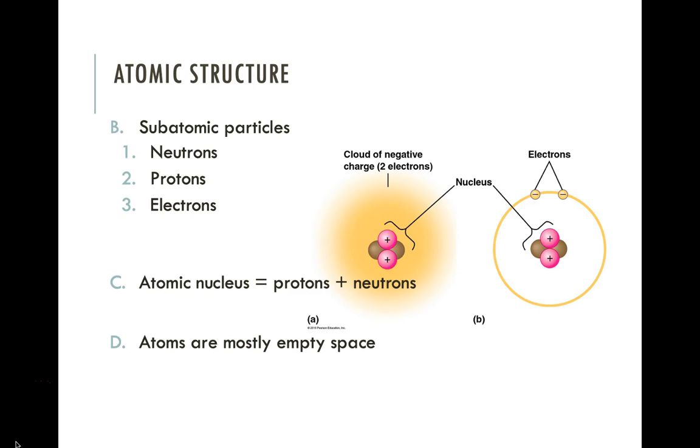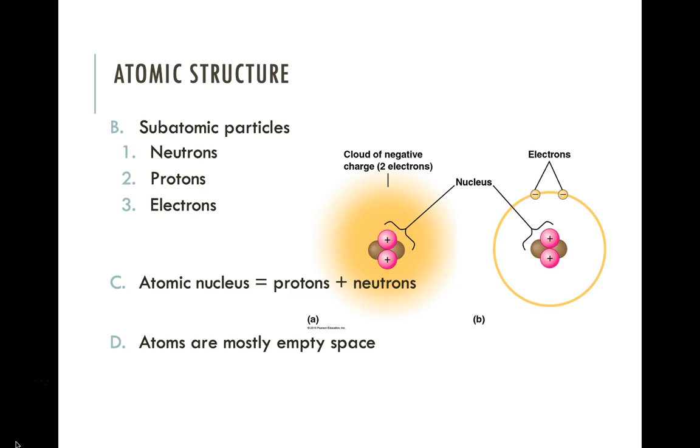They contribute weight, but they don't contribute charge to the atom. And then our electrons are negatively charged. So electrons sort of move in a cloud around these protons and neutrons, and they stay with the protons because they're negatively charged. The electrons are attracted to that positive charge within that atomic core due to the protons.